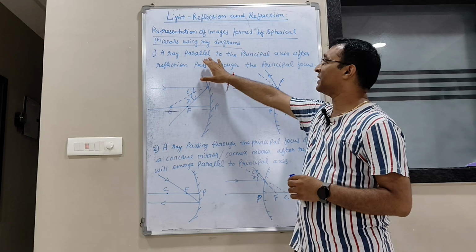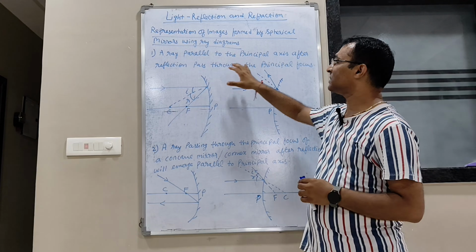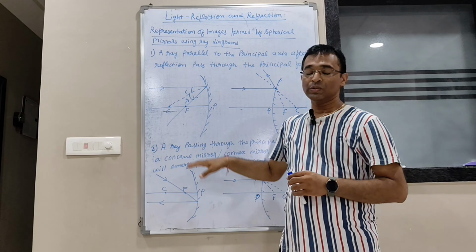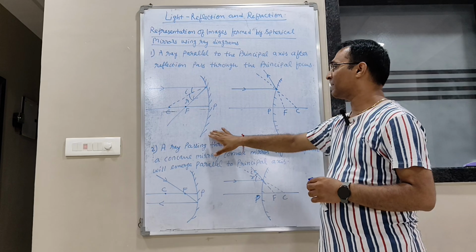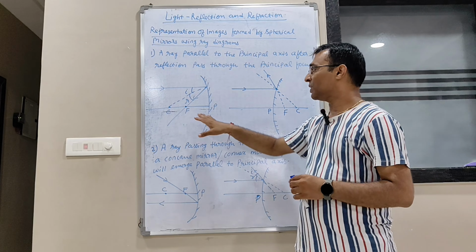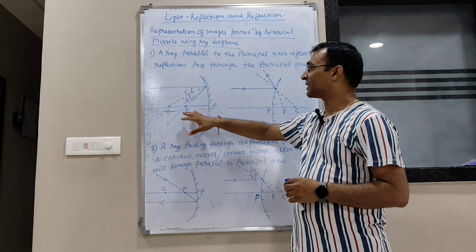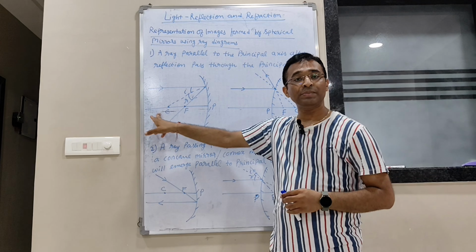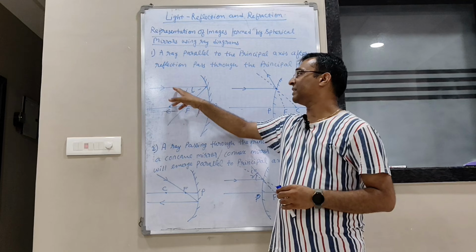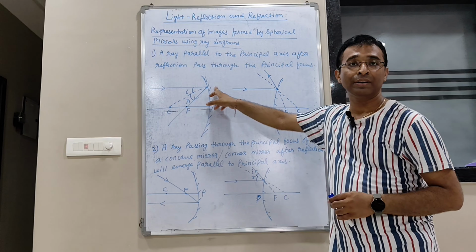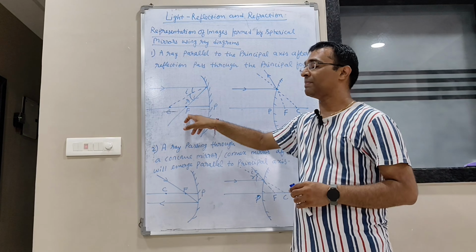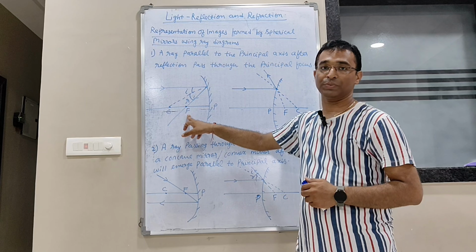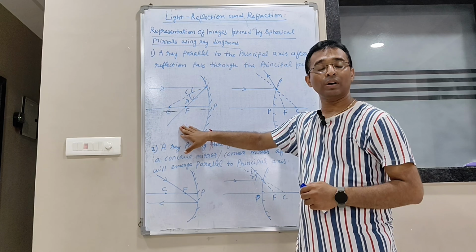The first rule: when a ray of light is parallel to the principal axis, after reflection it passes through the principal focus. We are taking an example of both concave mirror and convex mirror. If you can see here, a ray of light which is parallel to the principal axis is traveling and striking the mirror, and after reflection it passes through the focus. So this is the first rule for concave mirrors.